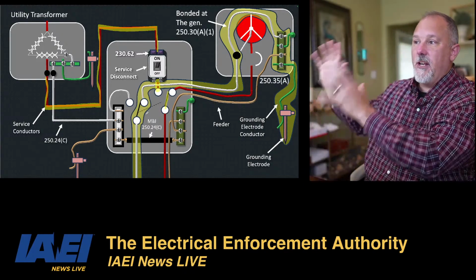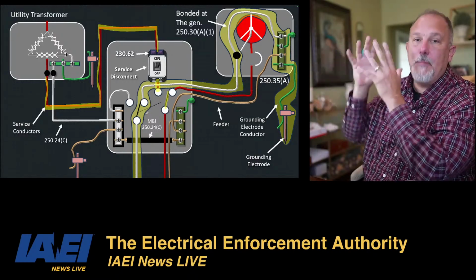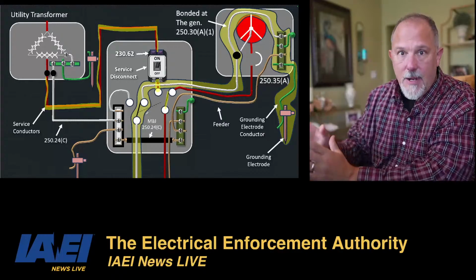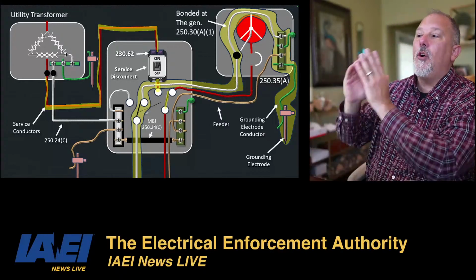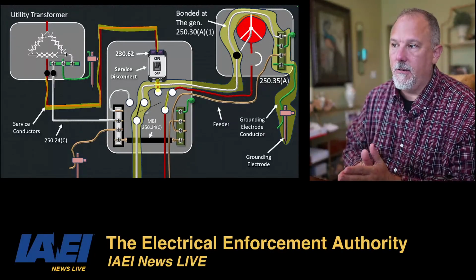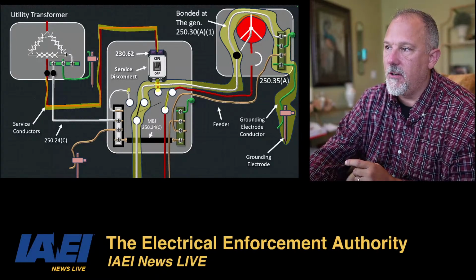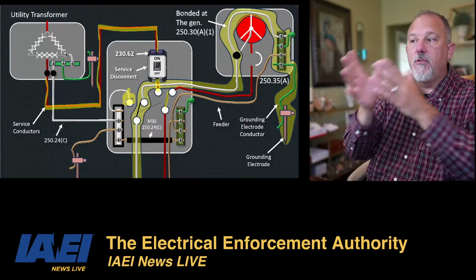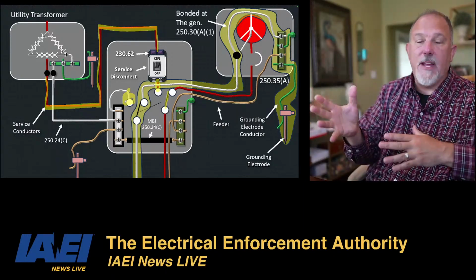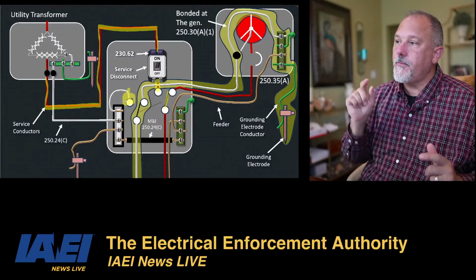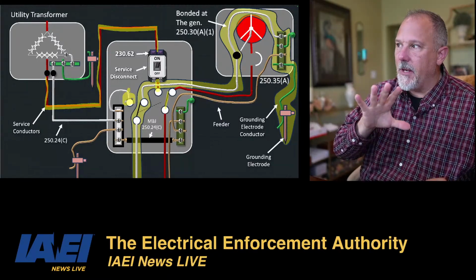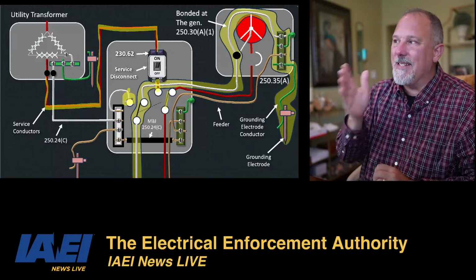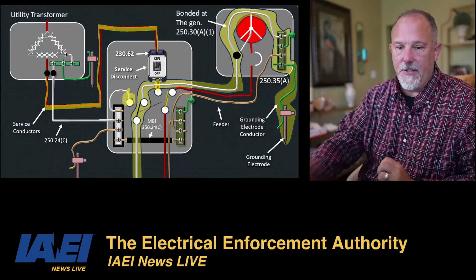So my generator is now independent from the utility, both on the ungrounded conductors and on the grounded conductor. Because of this separation right in here, I am separate from the utility grounded system on my normal source. So all of that is separate. So I've met the definition of what a separately derived system is.